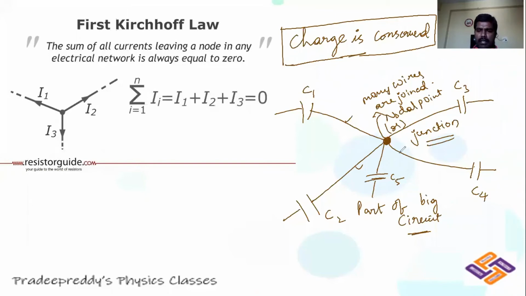If you are dealing with a very complicated circuit, you need to identify those points which are called nodal points or junctions. A junction is where more than two wires are meeting. Such a point is called a junction point or a nodal point.